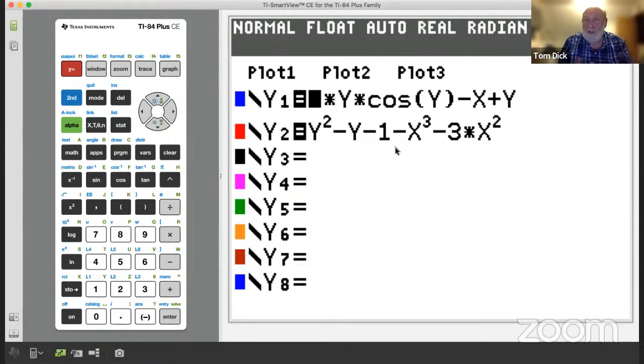Notice that Steve's equation was y squared minus y minus 1 equals x cubed plus 3x squared. So if I subtract x cubed and 3x squared from both sides, this would be the expression equal to 0, giving me an equivalent equation.